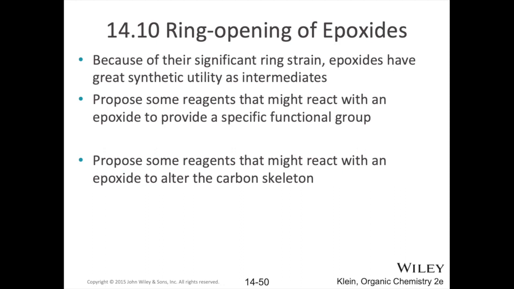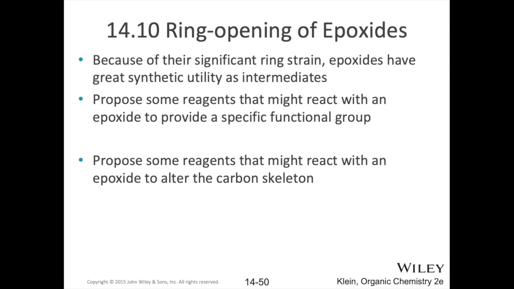In fact, you've already seen them in the case of the anti-dihydroxylation addition reaction back in our chapter on alkenes. We saw that when we treat an alkene with a peroxy acid like MCPBA, you'll get the epoxide, but more importantly, we'll go on to get the corresponding diol.